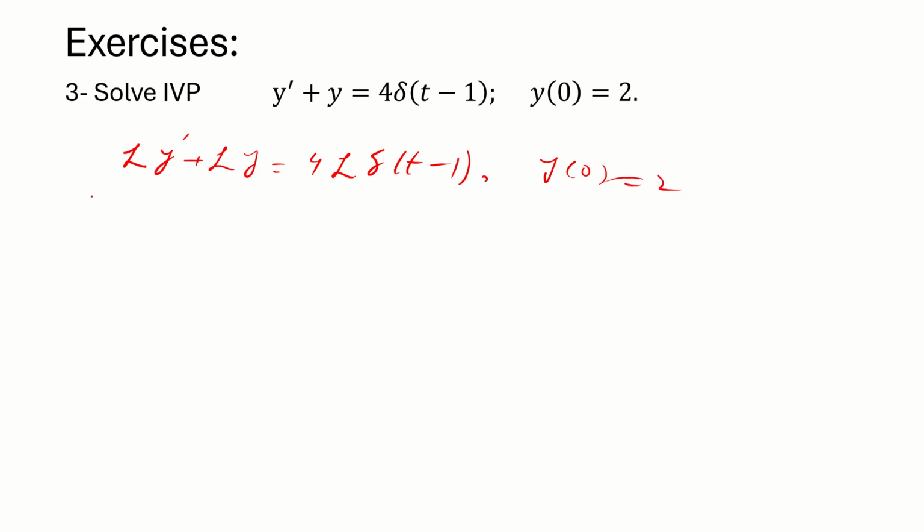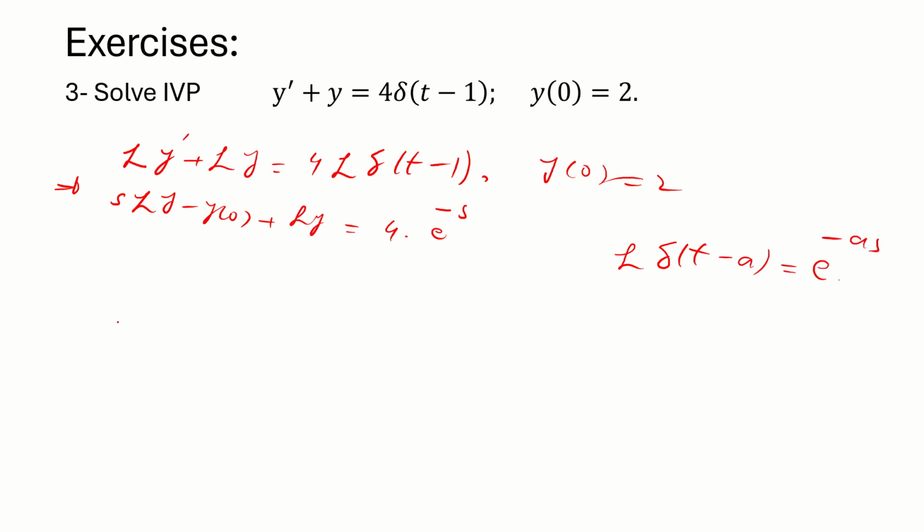So we know that the Laplace transform of y dash is s Laplace of y minus y of 0, plus Laplace of y, that is equal to 4 times e power minus s, because the Laplace transform of Dirac delta (t minus a) is e power minus as.